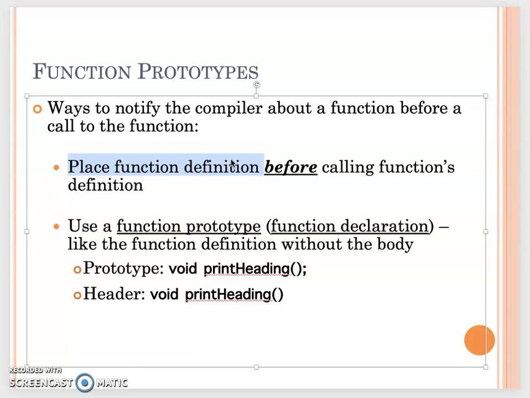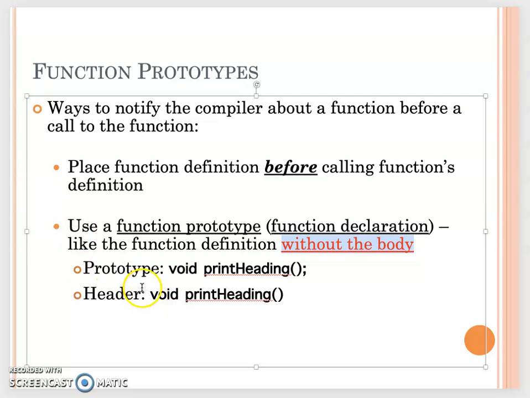But sometimes if your function only has the name, return type, and parameter list, we call that a function prototype. So the function prototype is actually the function declaration. It's very similar to the function definition, but without the function body.